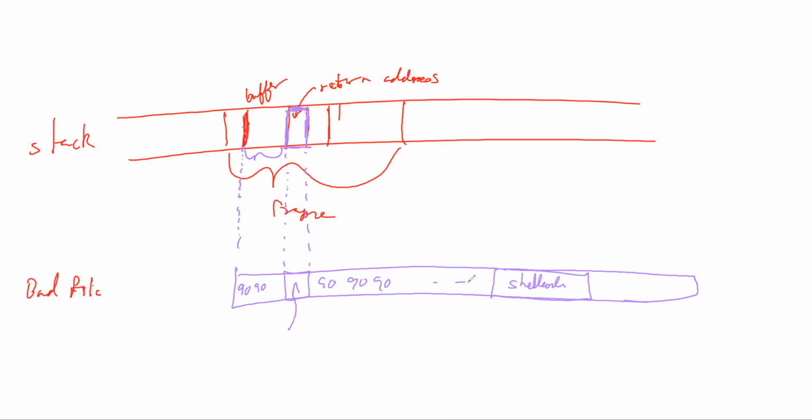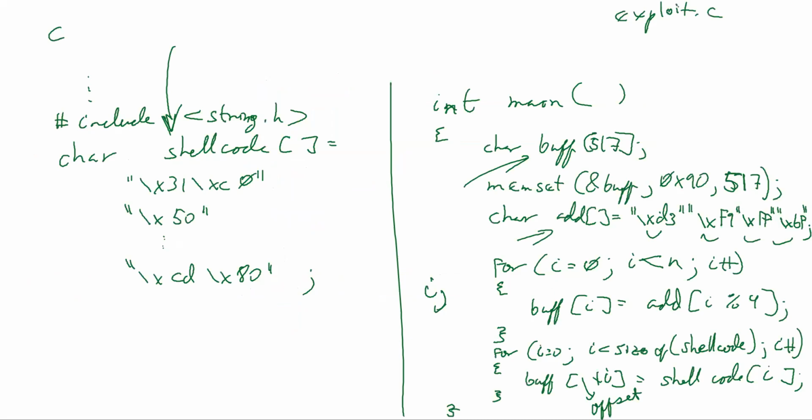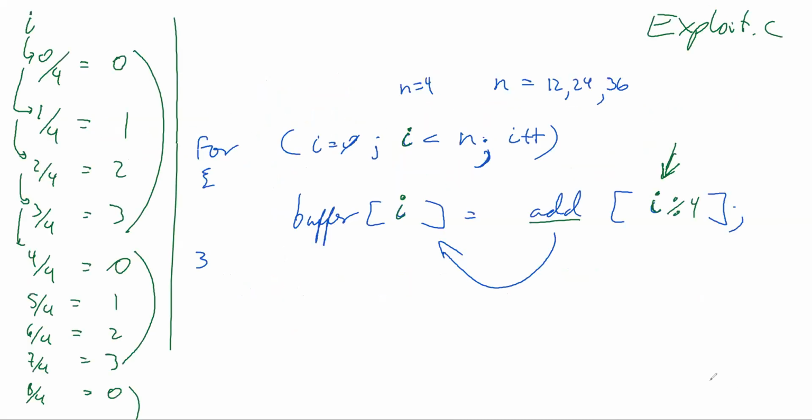So what I'm doing is, instead of having to figure out where to put the return address, like okay, I need to start at 24, or sorry, not 24, let's say 12, and then put the address at position 12, I just do the opposite.